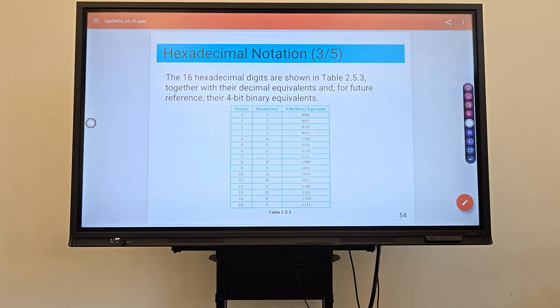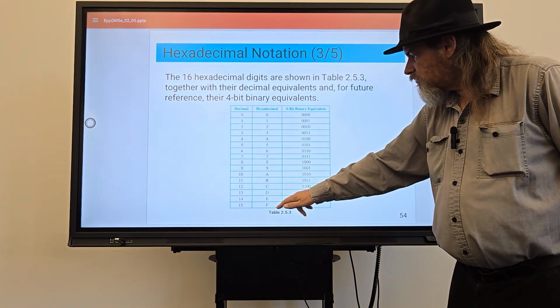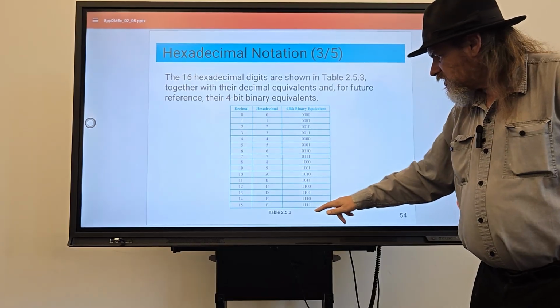Being base 16, there are 16 symbols used for hexadecimal. These are their representations in decimal form, hexadecimal form, and binary equivalent.